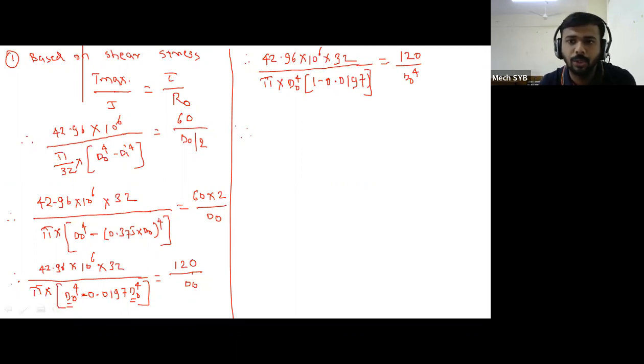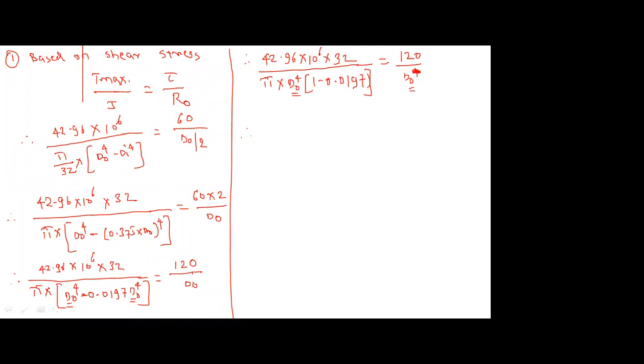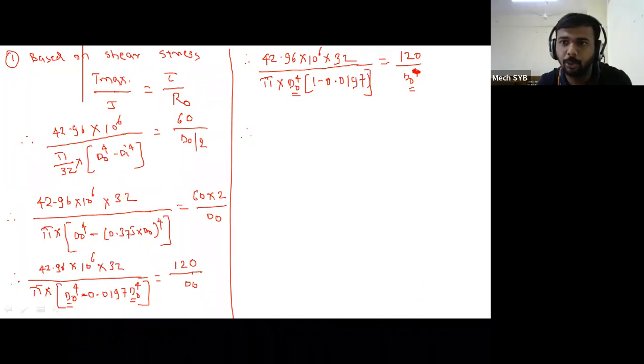Now what I have to do, we have to take the do raised to term. Do raised to 4 term is present at the left side also and at the right side also, but for final calculation you have to take it at one side. Sorry, at the right side only do term is there.